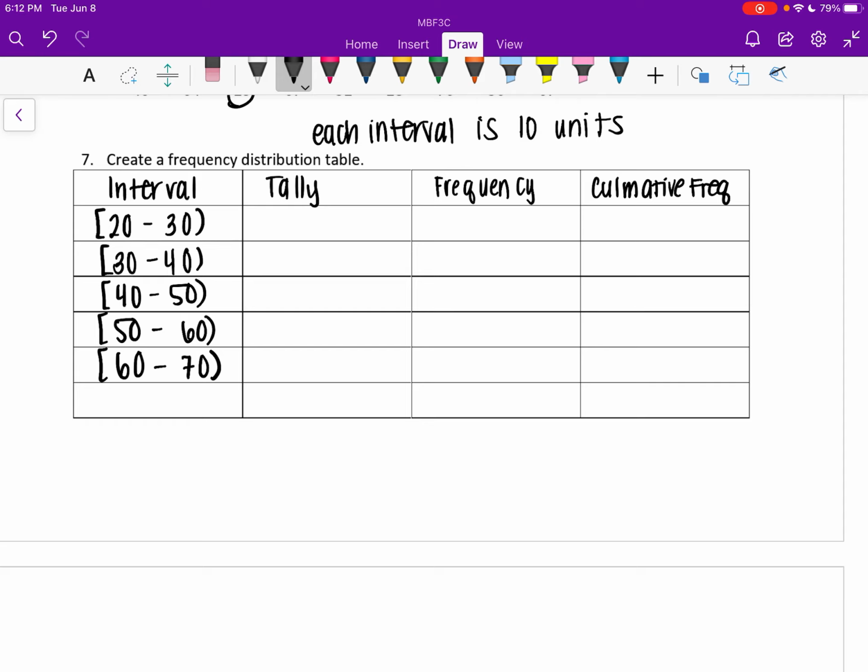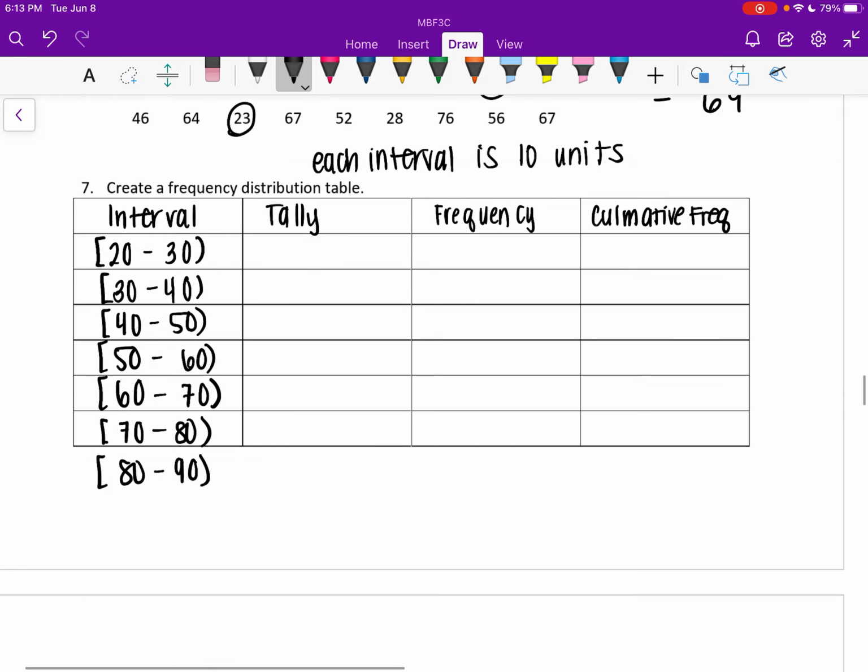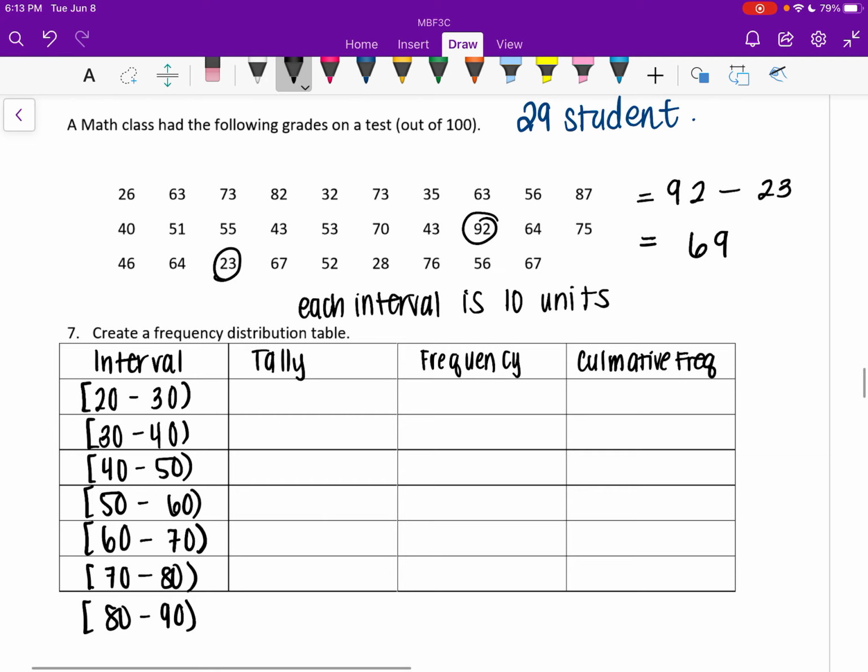And then 70 to 80, and then 80 to 90. And let's go in and tally. Let's do each number individually. So I have 26, that falls here, 40 falls here, 46 in here, 63.